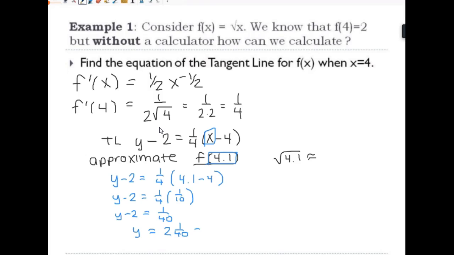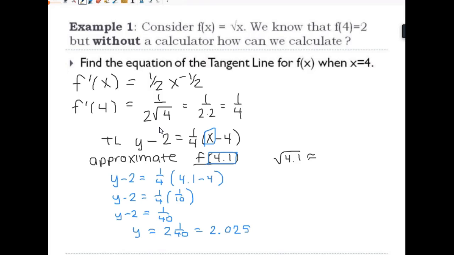So 1/40th is 0.025. That's like 1/400th would be 0.0025, and so on and so forth. So the square root of 4.1 using linear approximation is 2.025.